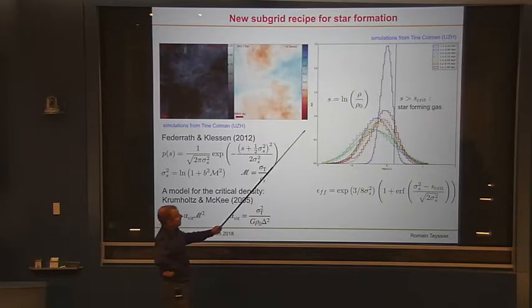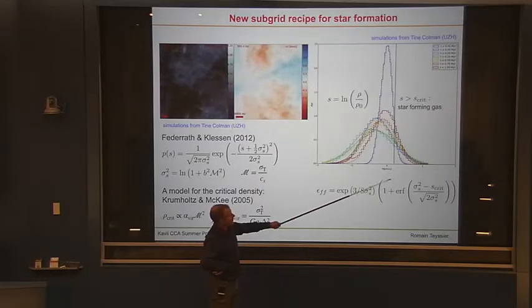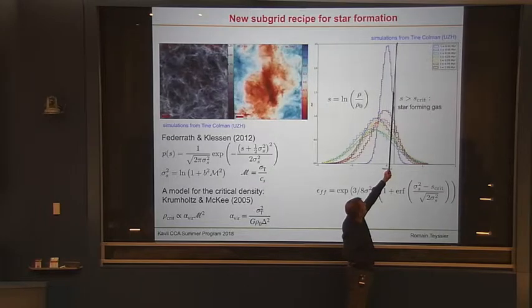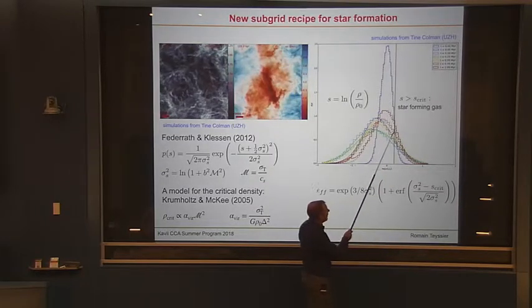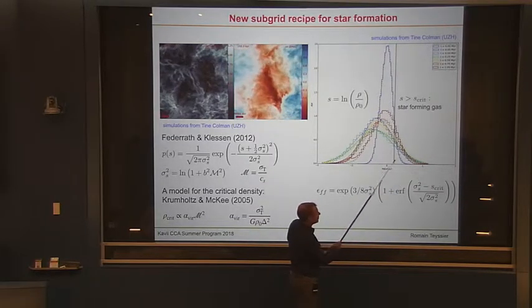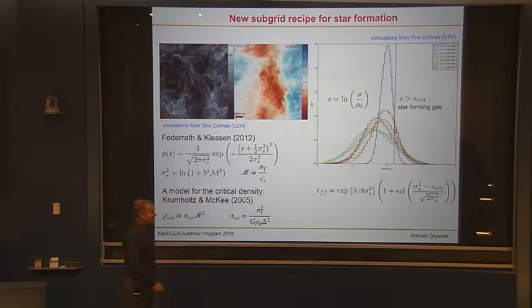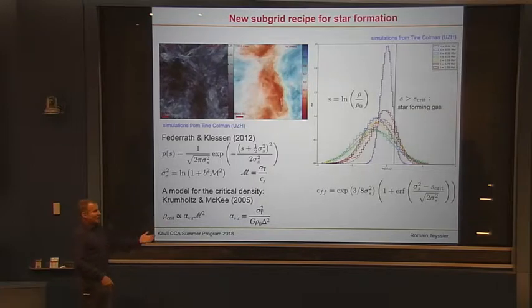And so that's the density distribution inside your cell. It's a log-normal distribution. And then you can say, okay, if inside my cell I have a density larger than this, then I will form stars in those regions. Right? And that's the formula that Yves showed yesterday. That's the fraction of mass that will form stars.